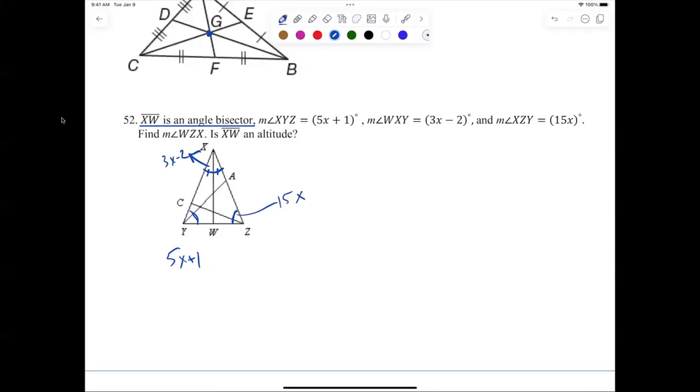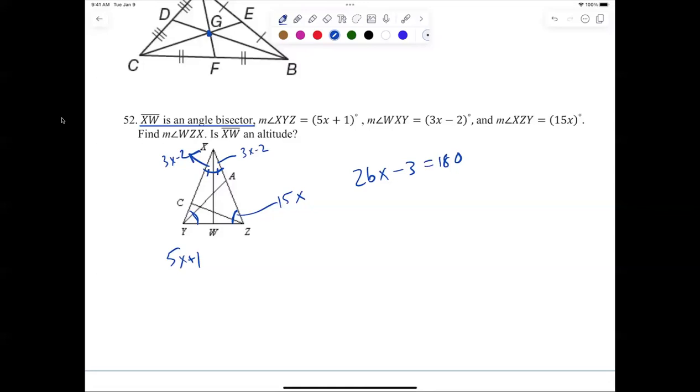So we can solve for x, right? We can solve for x because this angle right here is what? 3x minus 2. Okay. So now what can I do to figure out what x is? Yeah, add them all together and make them 180. So 15, 20, is that 26x? Minus 4 plus 1 is minus 3, is that right?